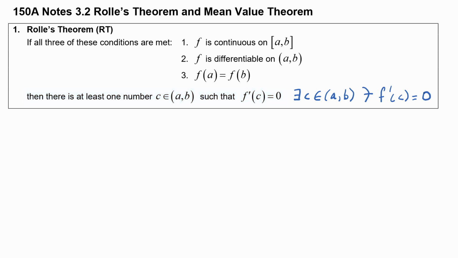Next, we'll look at an example to see how this works. Here we have to find the value of c guaranteed by Rolle's theorem on the interval from 1 to 9, or explain why it does not apply.